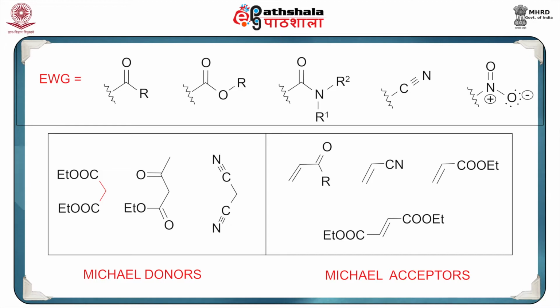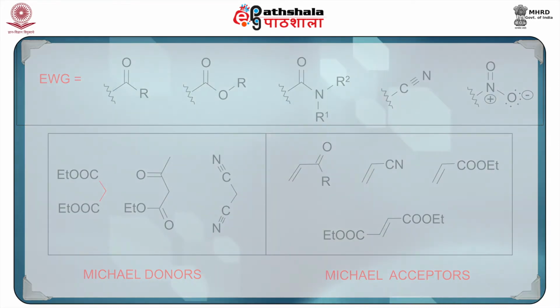Then you are shown the Michael acceptors, and in all of them there is a double bond conjugated with either a ketone in the first case, in the other the double bond is conjugated to cyano, then one conjugated to the ester group, and in this one the double bond is conjugated to two ester groups. So, all these are the Michael acceptors.